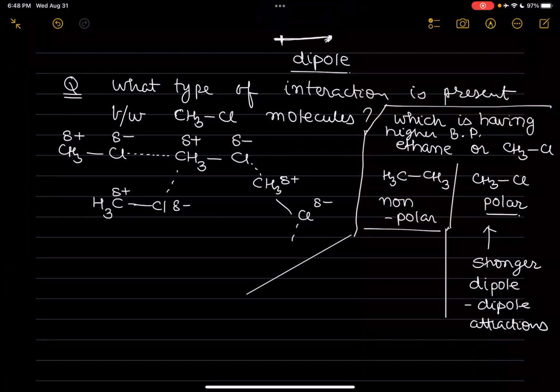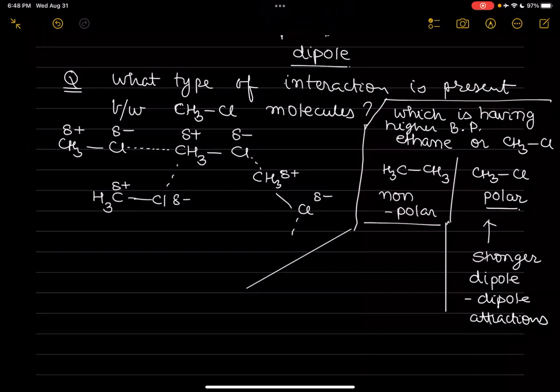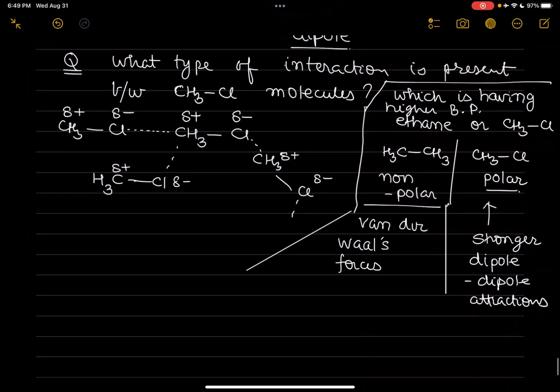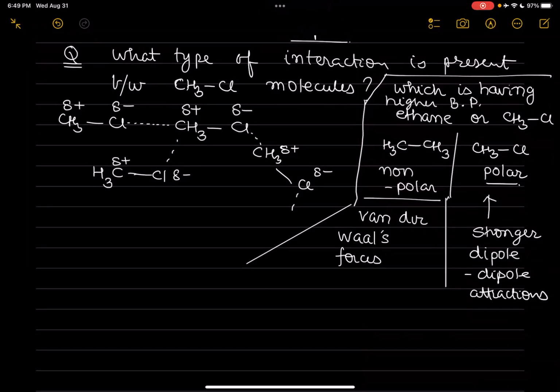It is not permanent. Those are known as dispersion forces or van der Waals forces, and they will be weaker.